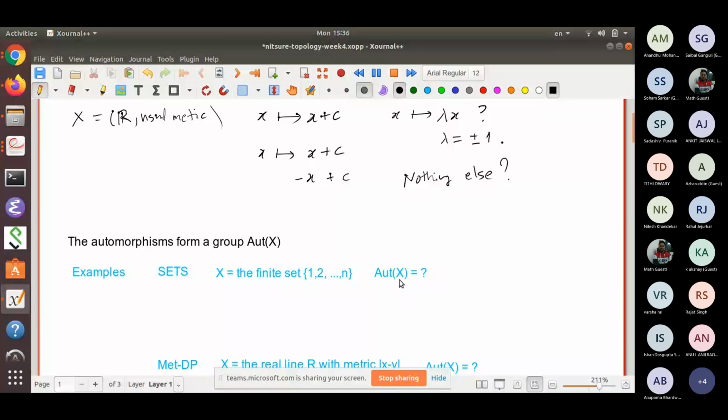So in the category of sets, what are isomorphisms? Yes, you're right, bijections. So automorphisms of X are the same as bijections of X with itself. So what are they in this case? Yes, you are right. So that is the permutation group Sn.